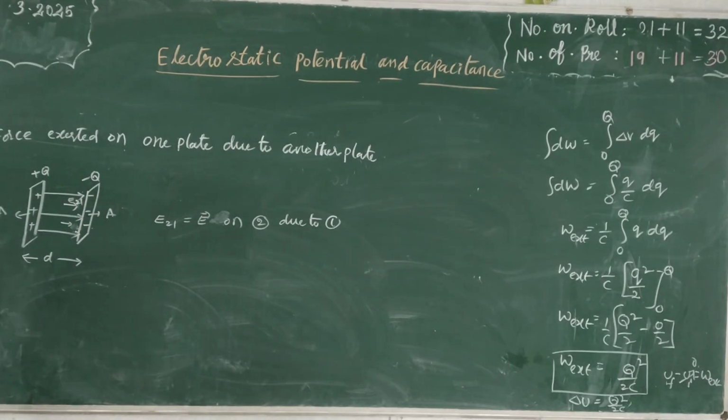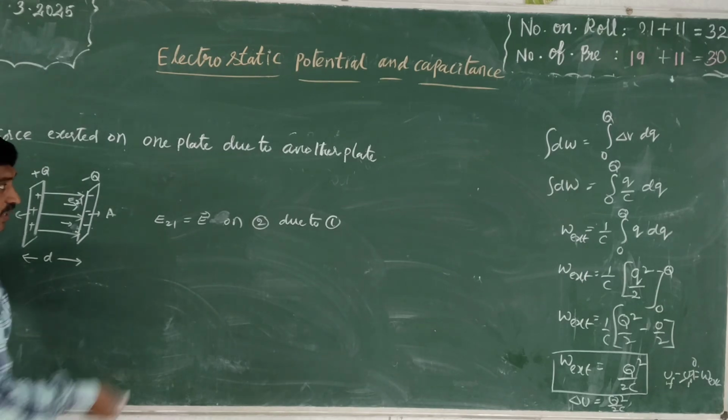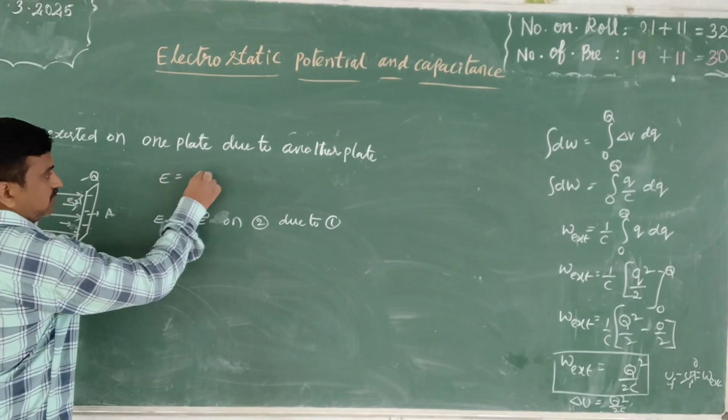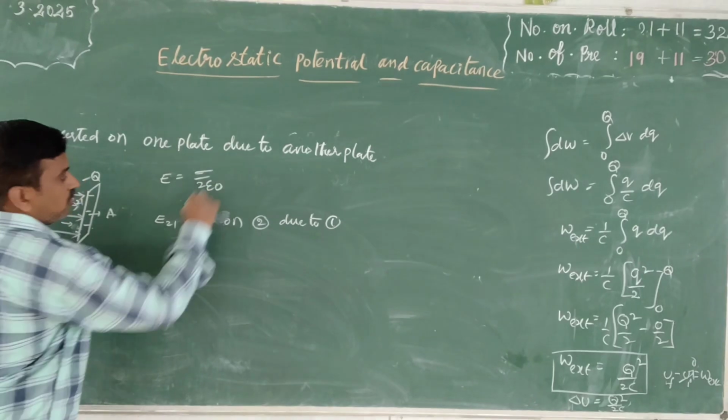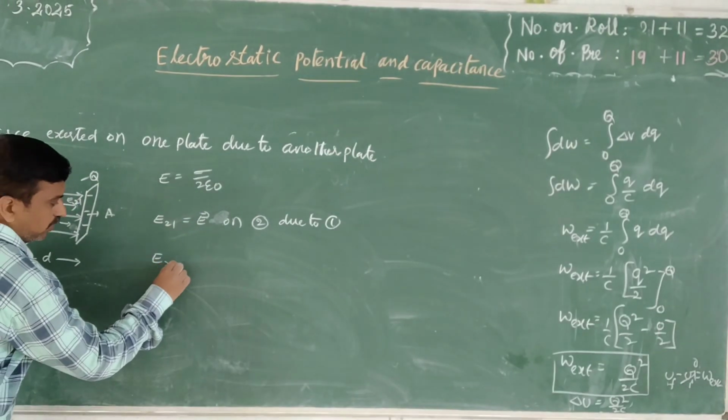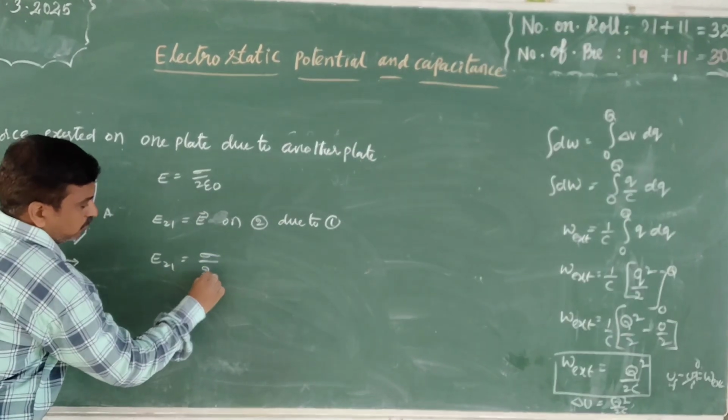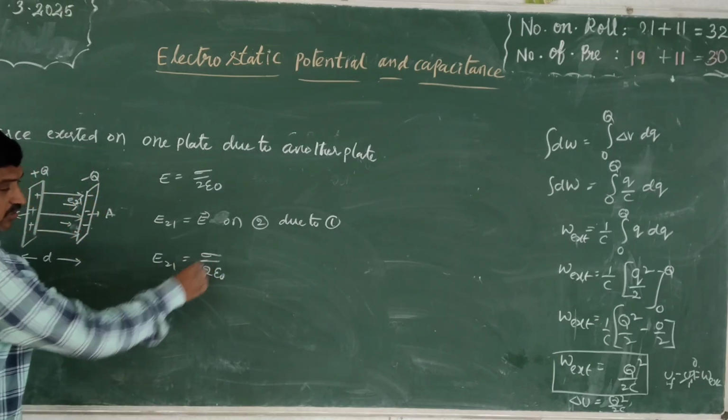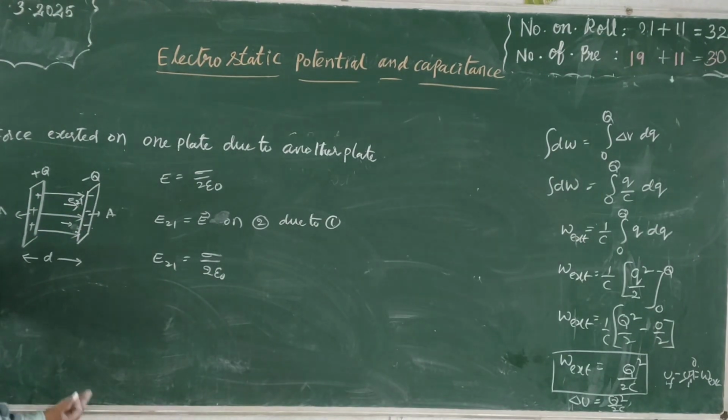For a single plate, the electric field formula is sigma by 2 epsilon naught. Here E21 equals sigma by 2 epsilon naught, where sigma means surface charge density and epsilon naught means permittivity of free space or vacuum.